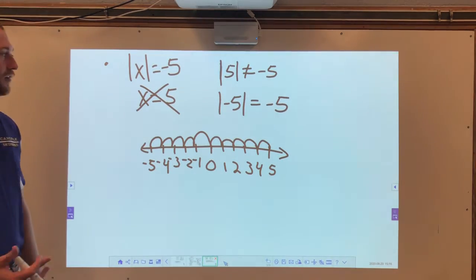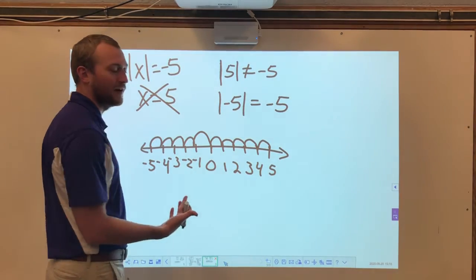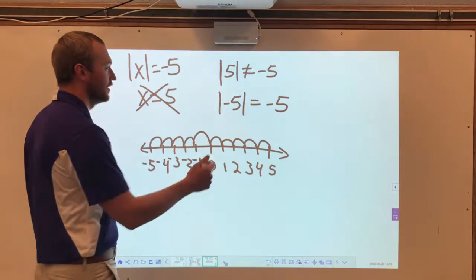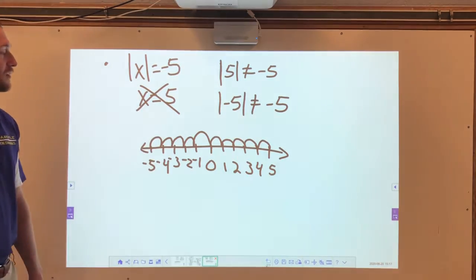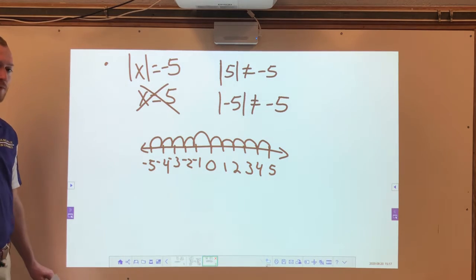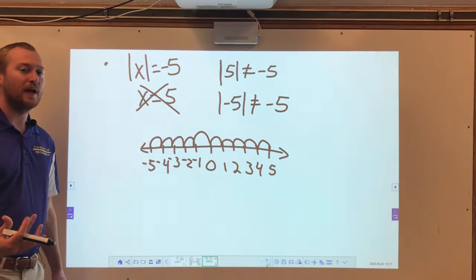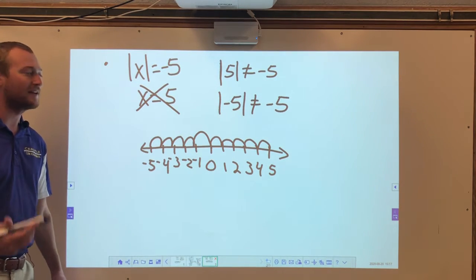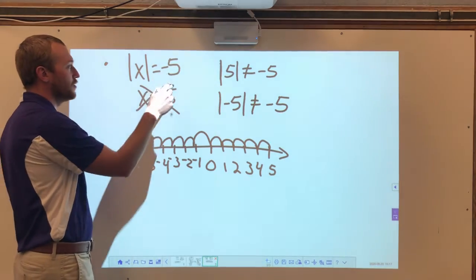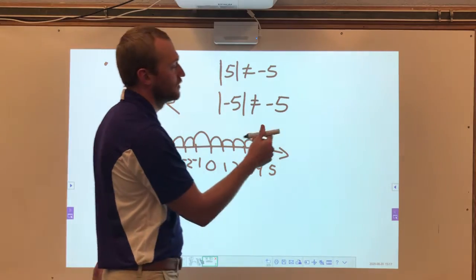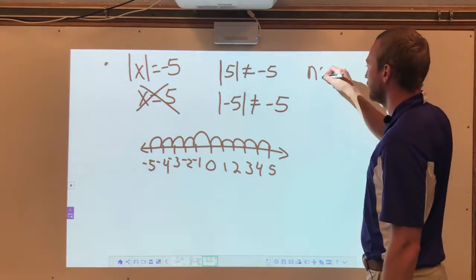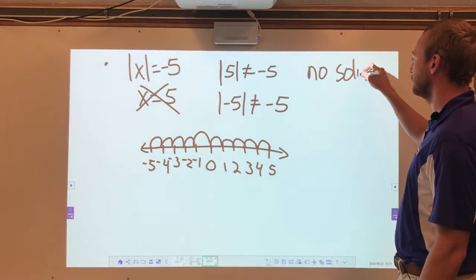It's not negative 5. So this does not equal negative 5 either. Remember what I said earlier: the absolute value of a number is non-negative. There is no solution to this problem.